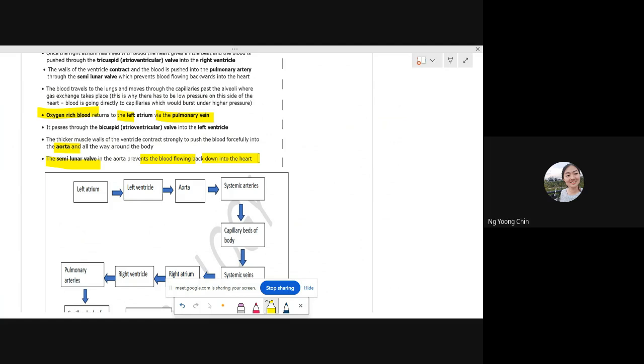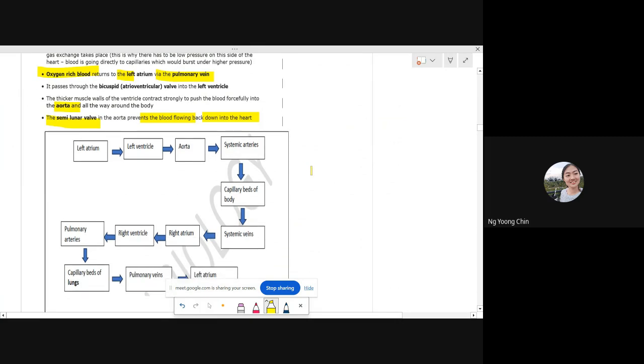When the heart contracts, it generates high pressure, which forces the blood to flow out, either to the body cells or to the lungs. That's why you need the semilunar valve.